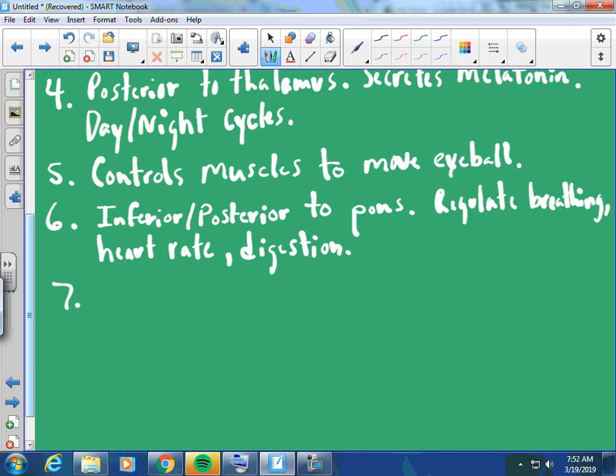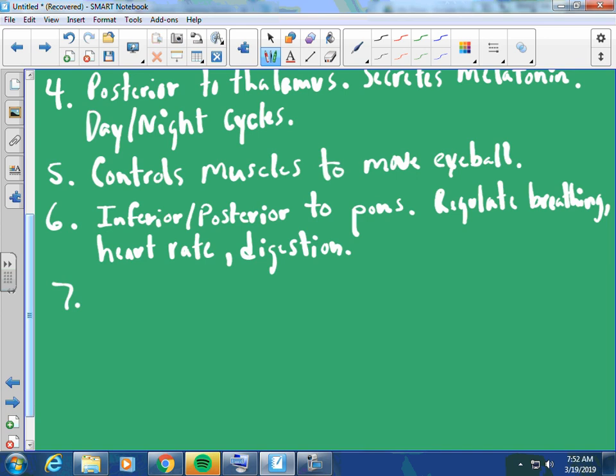Okay, number 7. Where is the cerebellum? What is its function? How do we describe where the cerebellum is? In the back. It's to the side of the medulla. Kind of right above the medulla, right? Because it kind of sits on the brainstem.